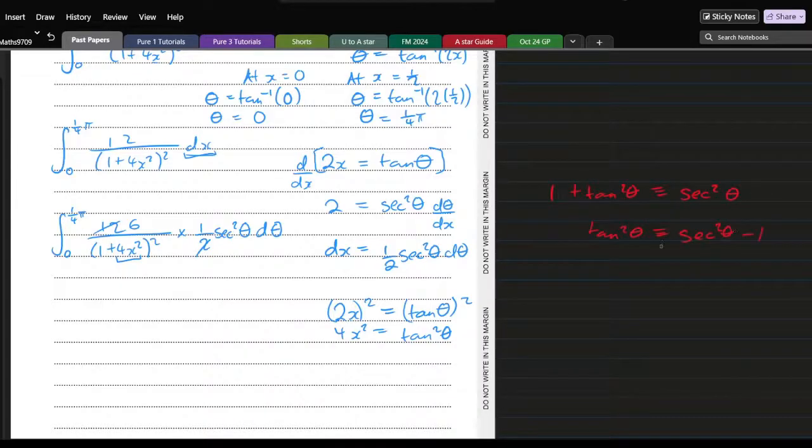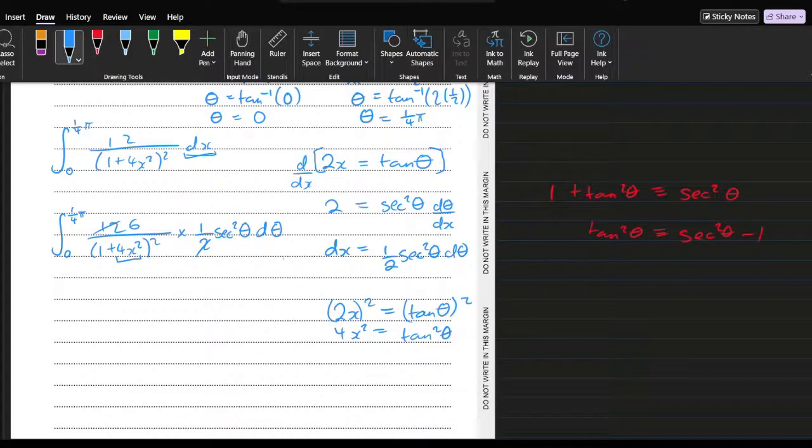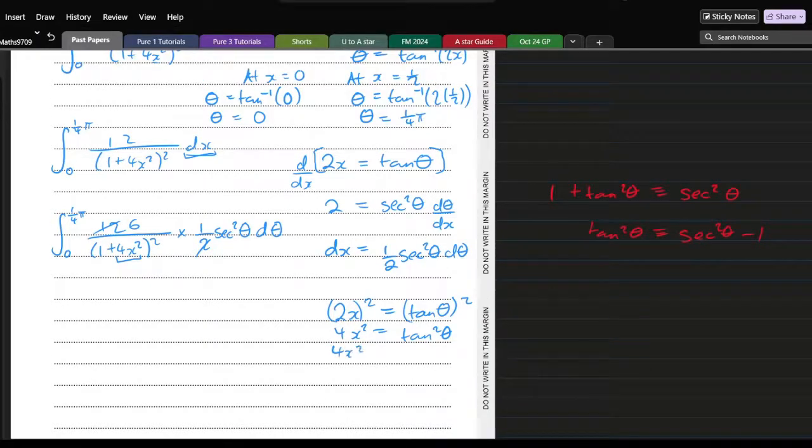The reason we want to convert it to be in terms of sec squared theta is because we know how to integrate sec squared theta, but we don't know how to integrate tan squared theta. So that means we can say that our 4x squared is equal to sec squared theta minus 1.